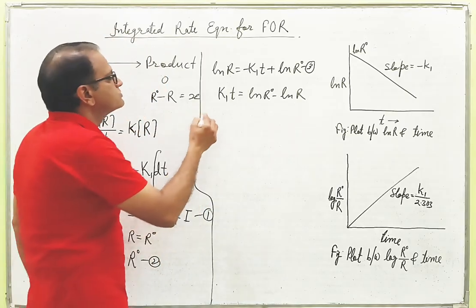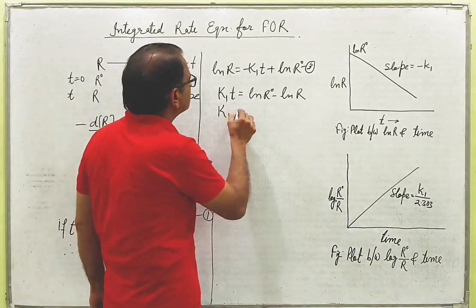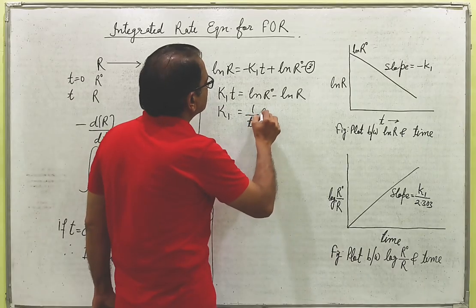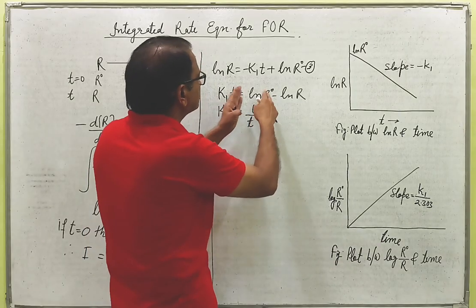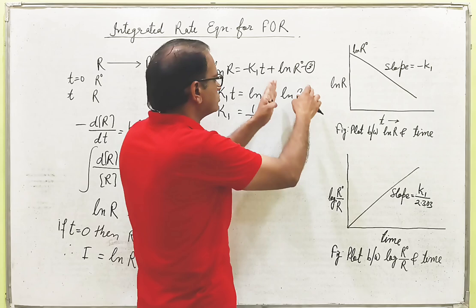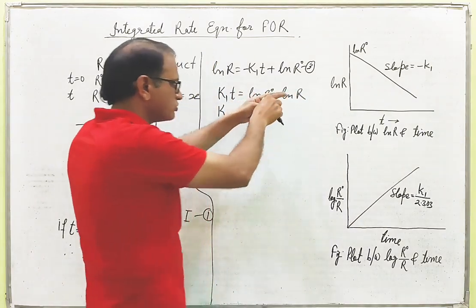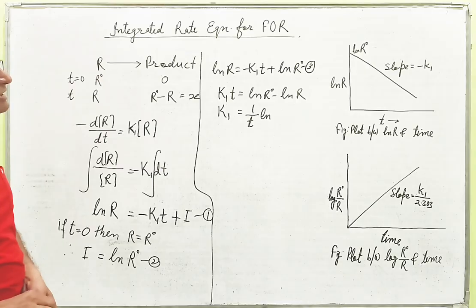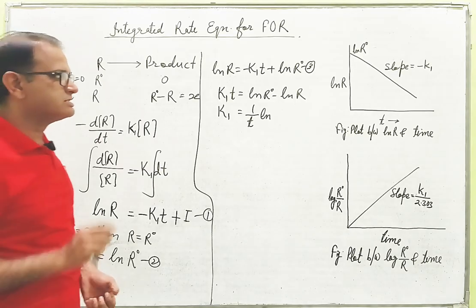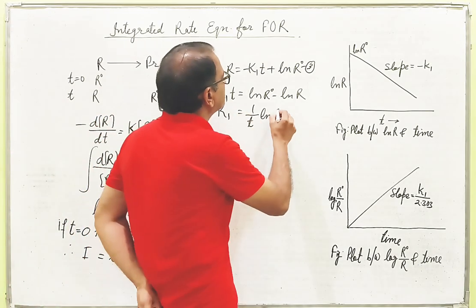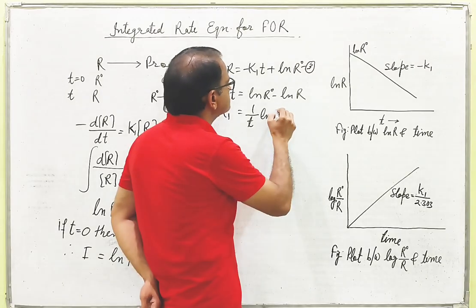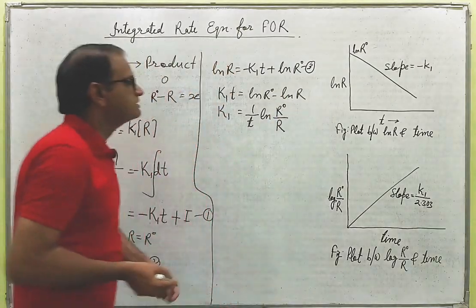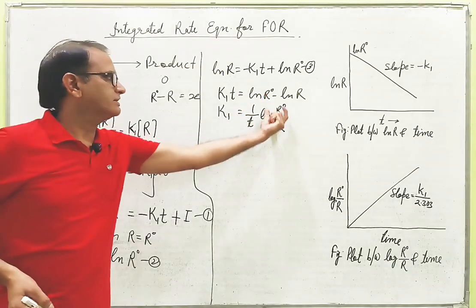So k1 will be equal to 1 by t ln R naught minus ln R. This is like log natural a minus log natural b, and that is equal to log natural a upon b, means R naught upon R. You can write it like this.